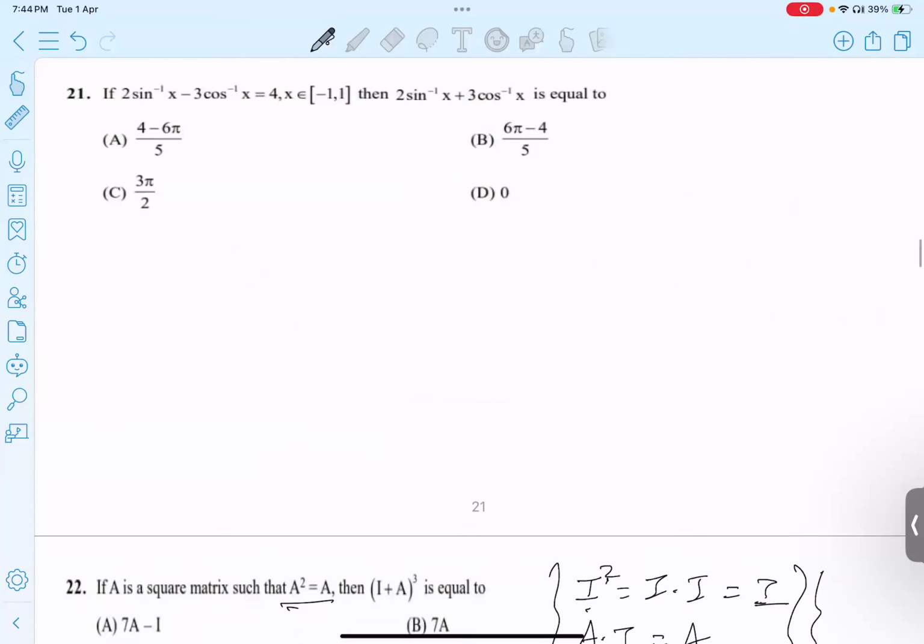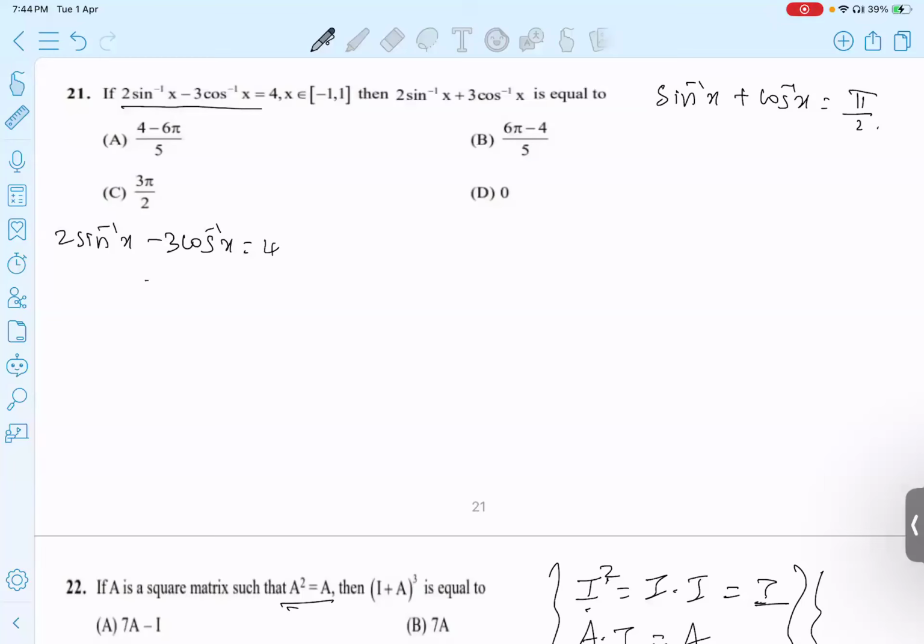Inverse trigonometric question: 2 sine inverse x minus 3 cos inverse x is equal to 4. Remember the property: sine inverse x plus cos inverse x is equal to pi by 2. Keeping this in mind, minus 3 cos inverse x can be written as 4 minus 2 sine inverse x. Sine inverse x can be written using this as pi by 2 minus cos inverse x.